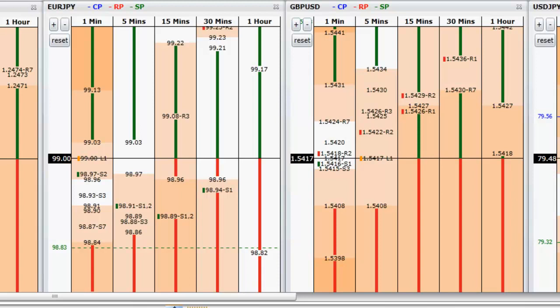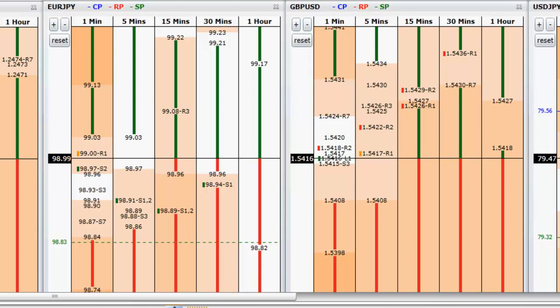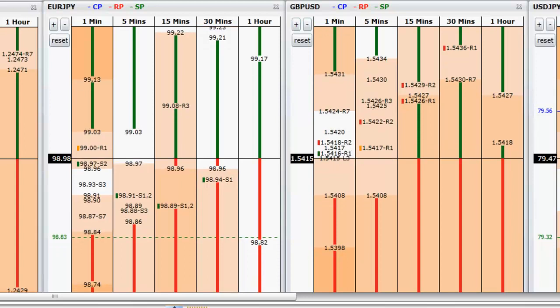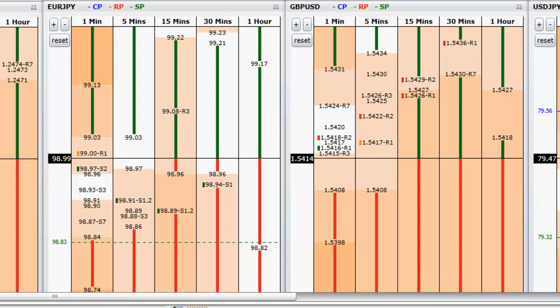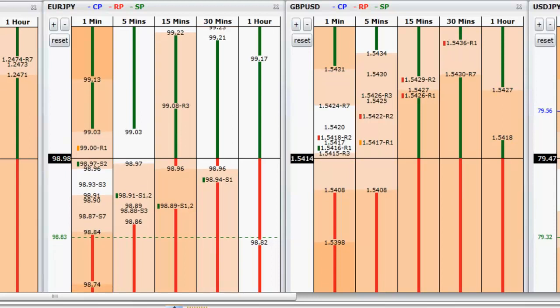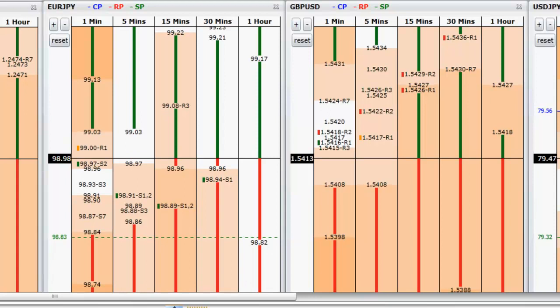It trades in a channel and then breaks it and then creates another channel. If we can get lucky.